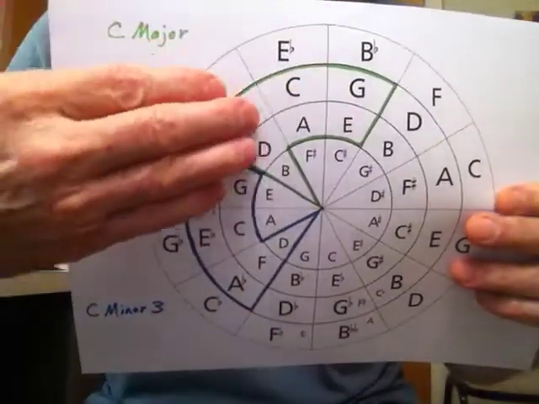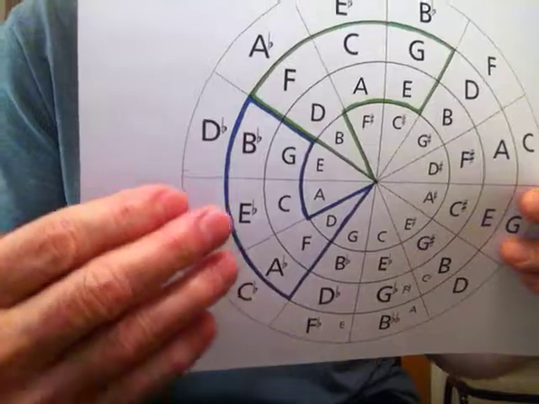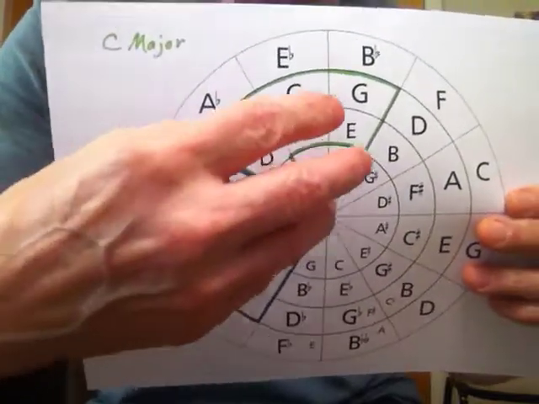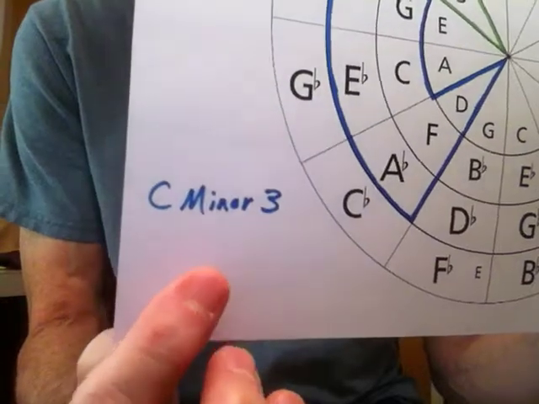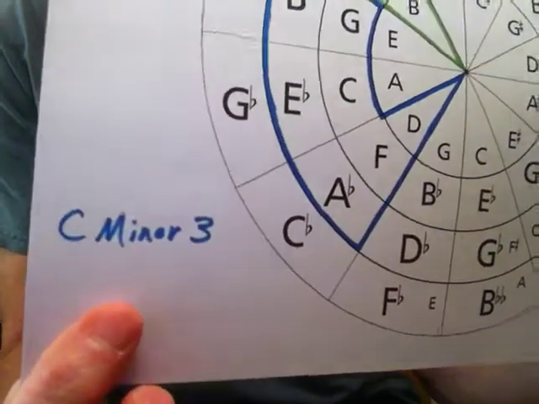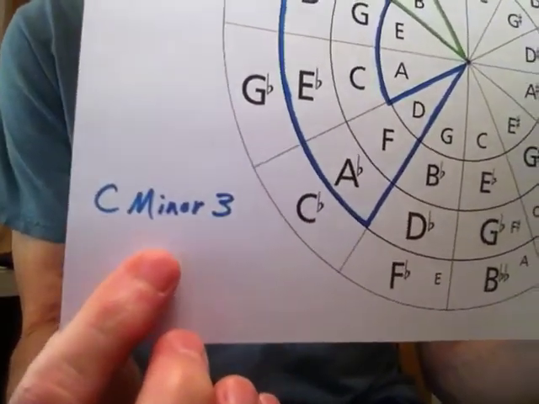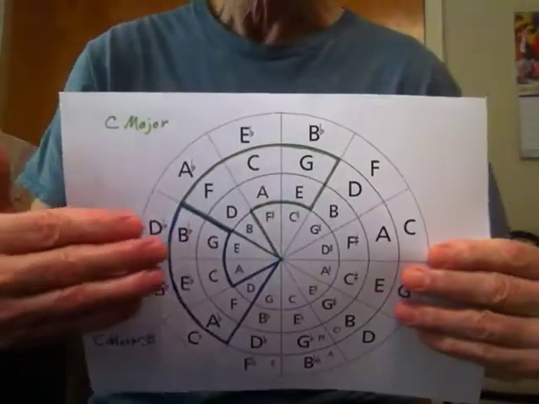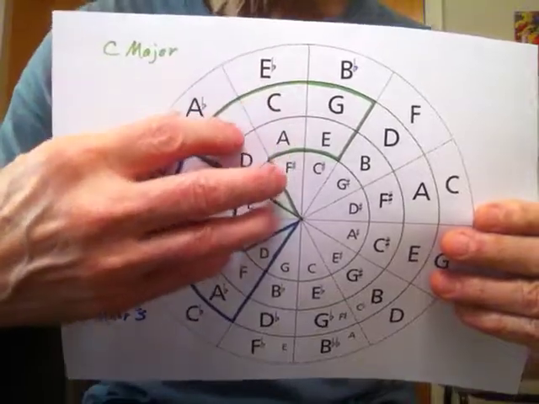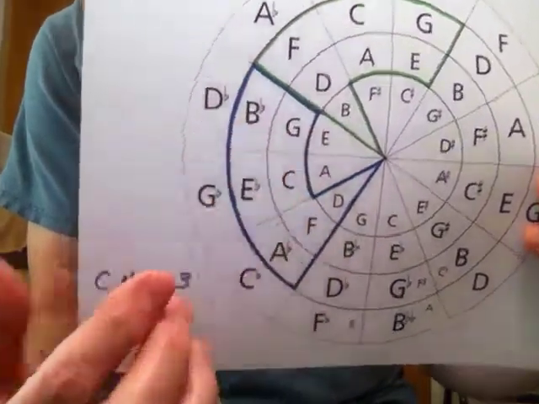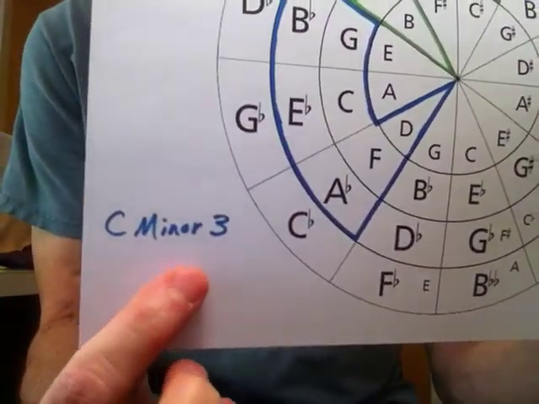With that same scale shape, with the same data rings, you get your C minor 3, or in traditional terms, the natural minor scale. You see that there? You took your C major scale shape and you slid it down to the next quadrant and you got your C minor 3 scale.